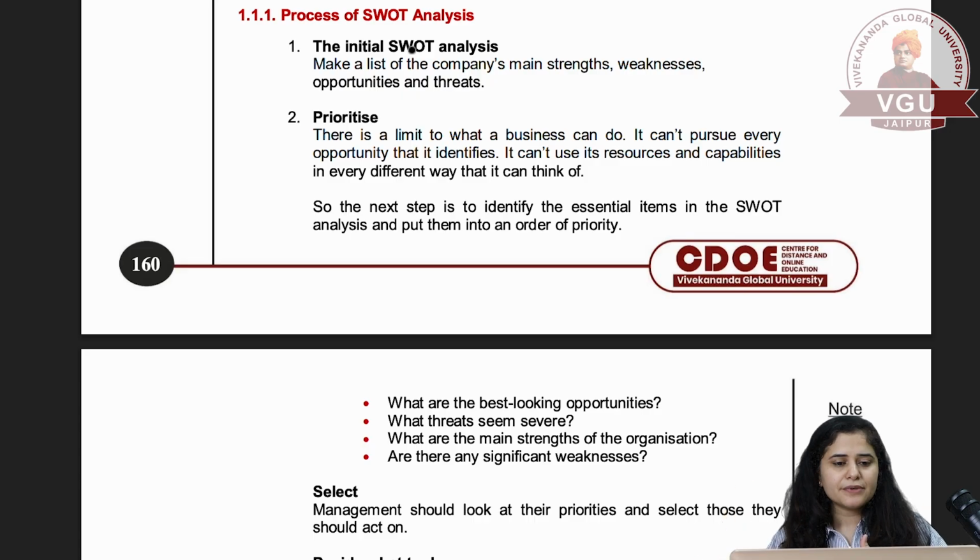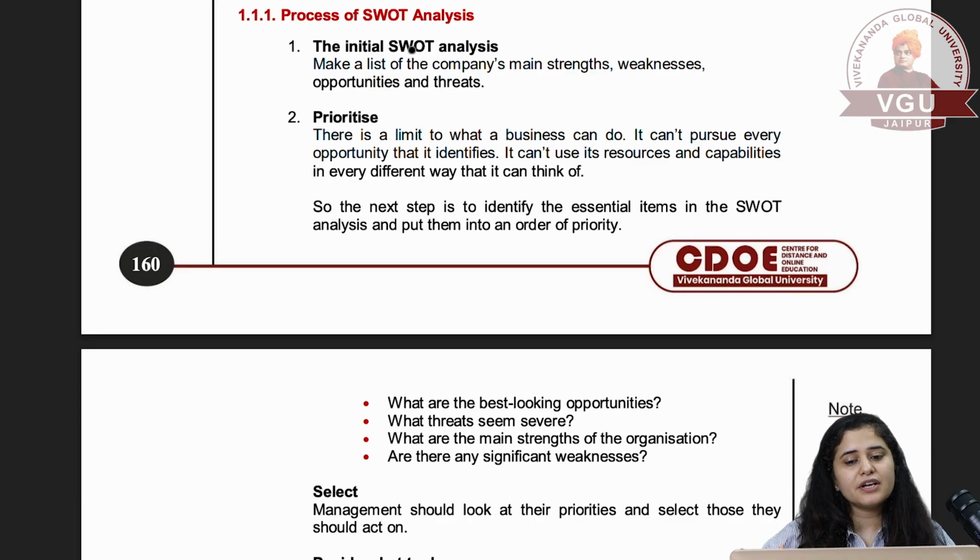First we should list them down, and then we should prioritize what a business can do, or how a business can make itself better, or eliminate any weakness or any threat. And if there are some opportunities which we can consider, how the business can consider them. The next step will be to identify what all are the essential items which need to get into that consideration in the SWOT analysis, and then we will put them in the order of priority.